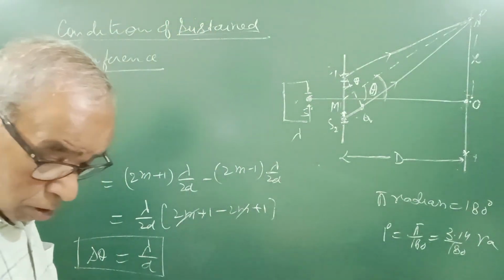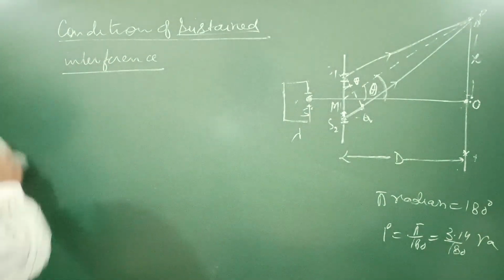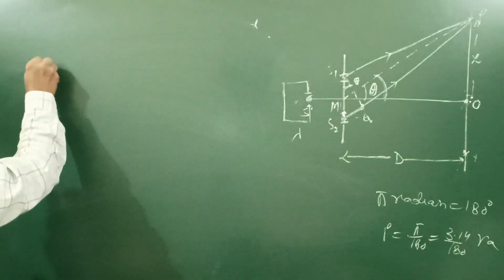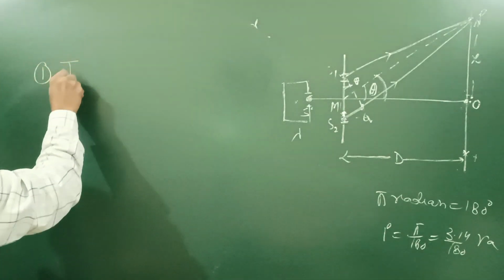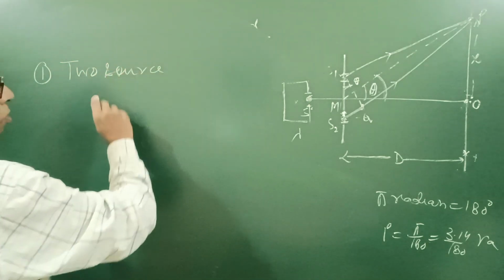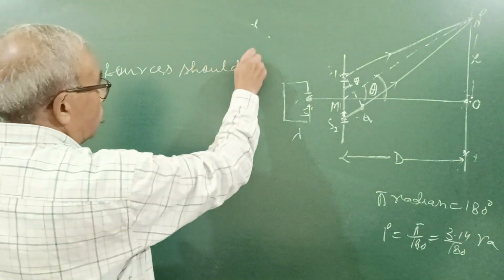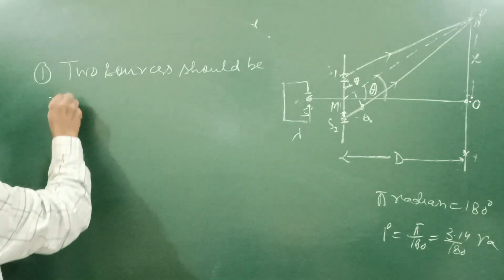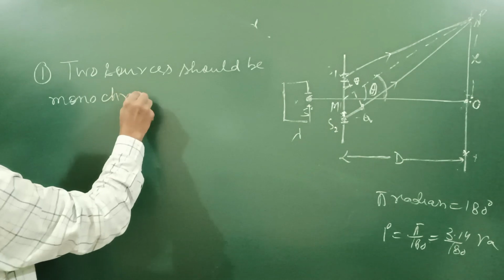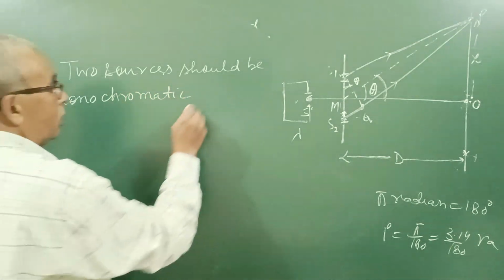Theoretically or technically, I should say, condition number 1: the two sources should be monochromatic sources of light.